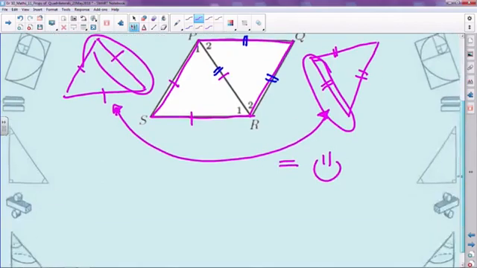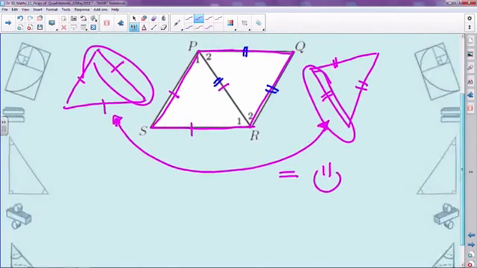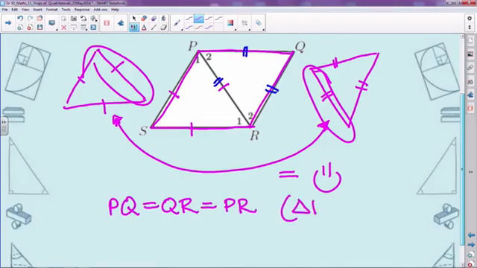So let's quickly write that down. PQ is equal to QR is equal to PR, and why? Because the triangle PQR is equilateral.